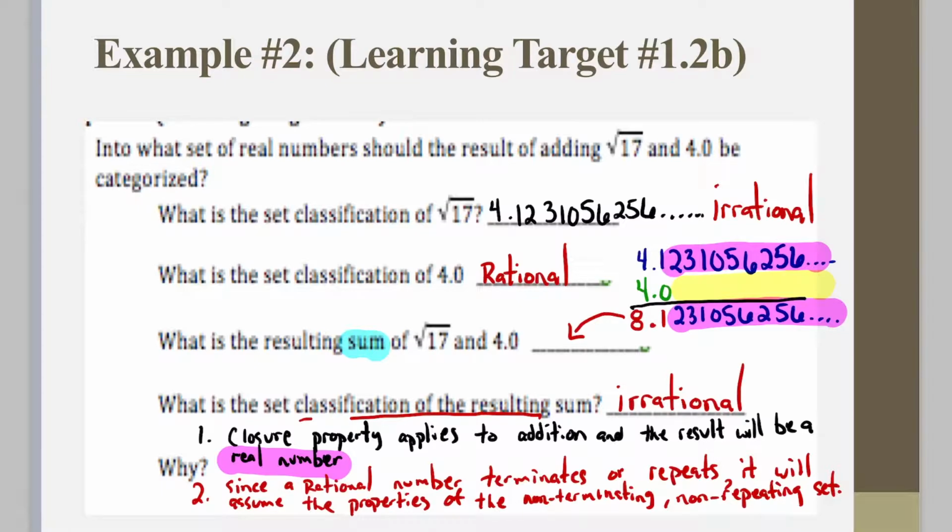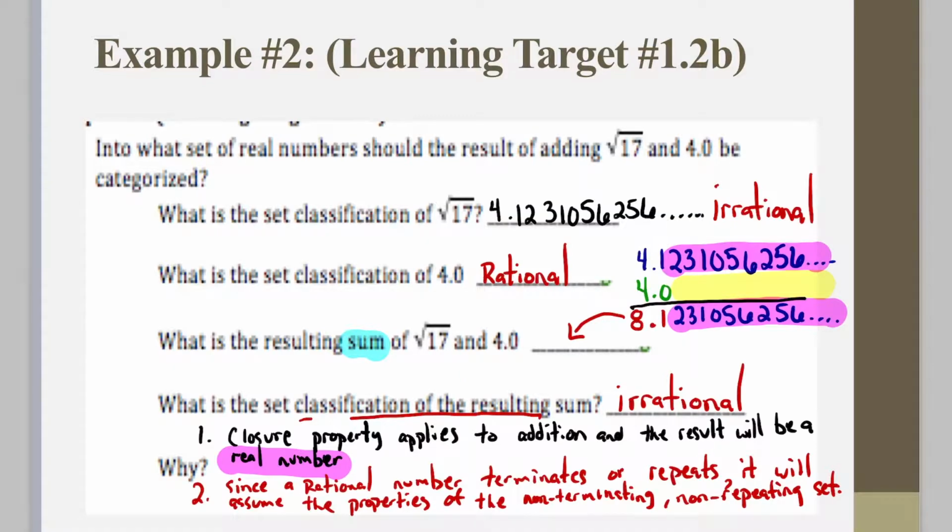There is not a repeating pattern or a terminating decimal that we could insert into this yellow highlight that would change the pink highlighted portion of the irrational number into something that would terminate or repeat. And so what this would result in is that those properties that I've highlighted in pink that make the square root of 17 irrational carry through to the result, making the result an irrational number.